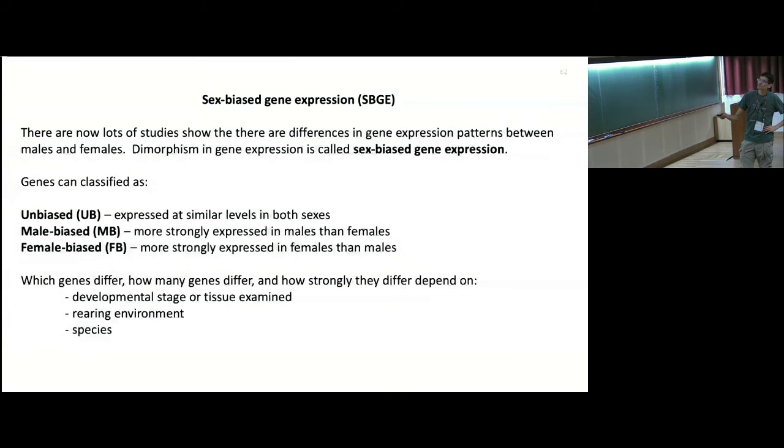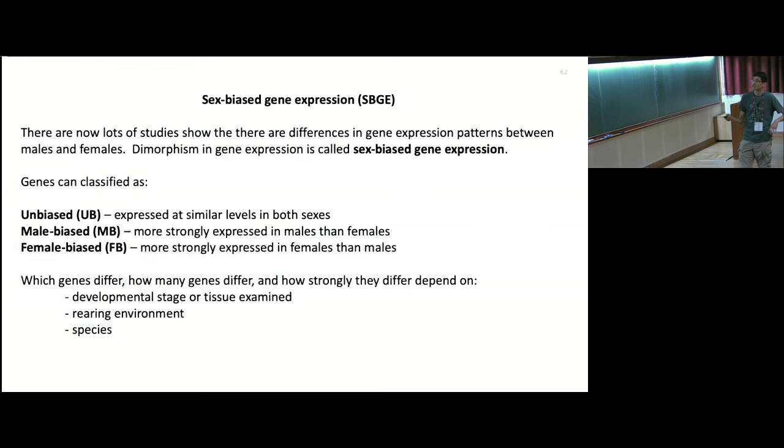Okay, so as a field we're interested in which genes differ in expression between the sexes, how many genes differ, and how strongly they differ. Certainly one thing we know is that sexual dimorphism in expression can depend on things like what developmental stage you look at, what tissue you examine, the rearing environment, and which species you're working in.